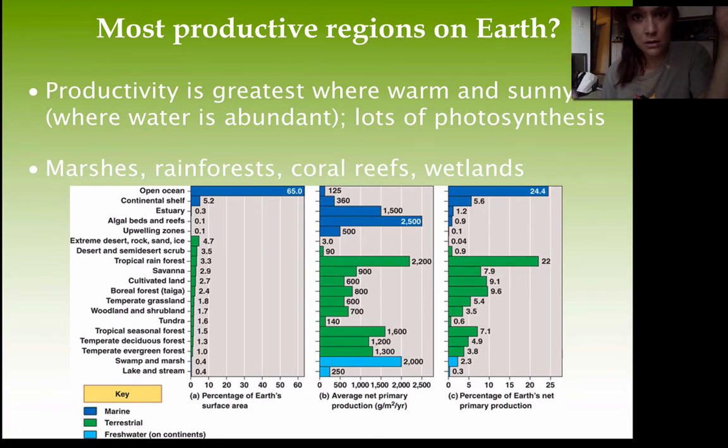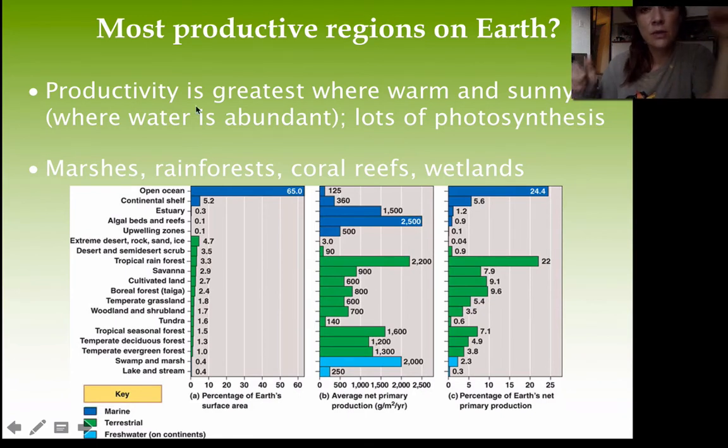They're not the average sort of organism. So productivity is greatest where it's warm and sunny. You have to have sunshine in order for photosynthesis to happen. Where water is abundant, because all organisms need water, no matter what. Again, there are some organisms adapted to dry places, but the diversity of those organisms is rather low.